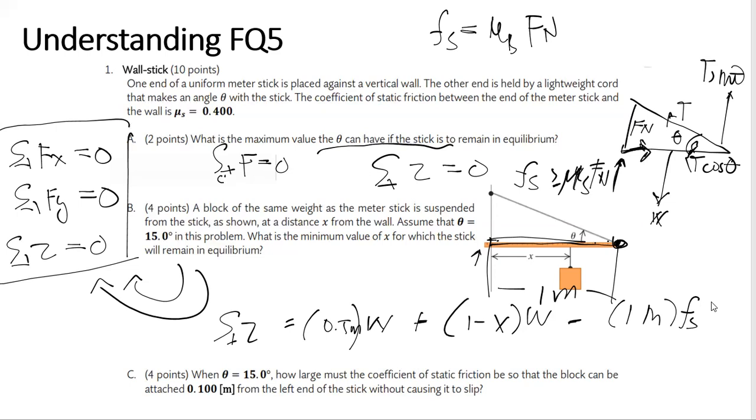So sa letter C naman, you are asked how large the coefficient of static friction must be. Again, you can use the same equations to solve for that. Kasi at this point, you already have a given x value lang na 1 meter.